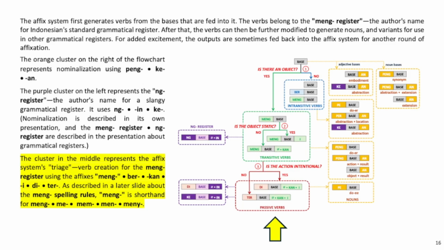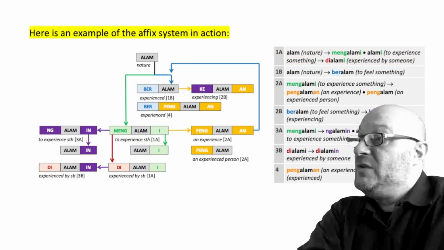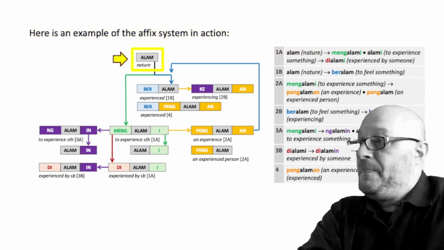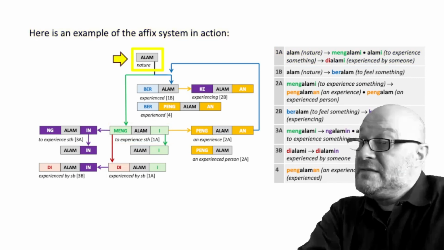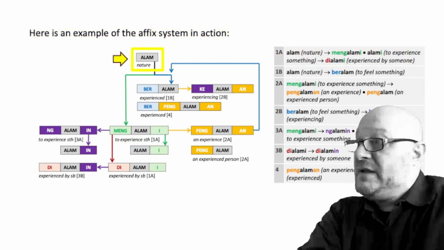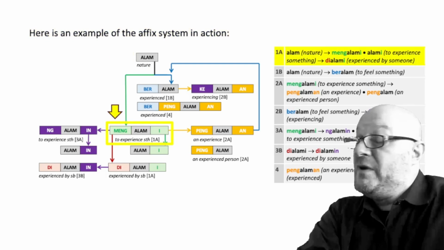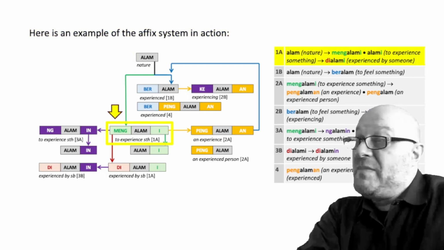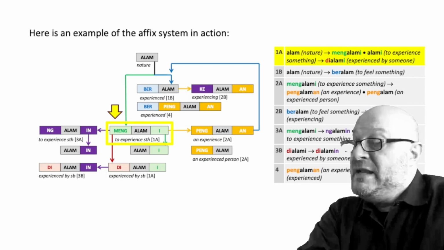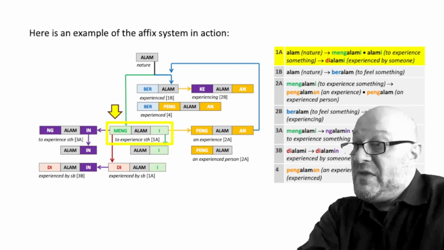As described in a later slide about the meng spelling rules, meng is shorthand for meng, me, mem, men, nya. Here is an example of the affix system in action. The noun base, alam, nature, gets fed into it. One of the things that happens is alam combines with the circumfix meng-i to make mengalami, to experience something.